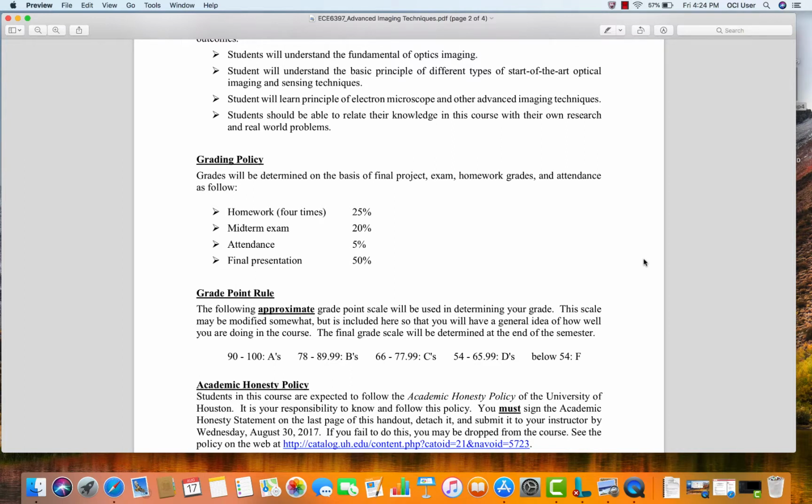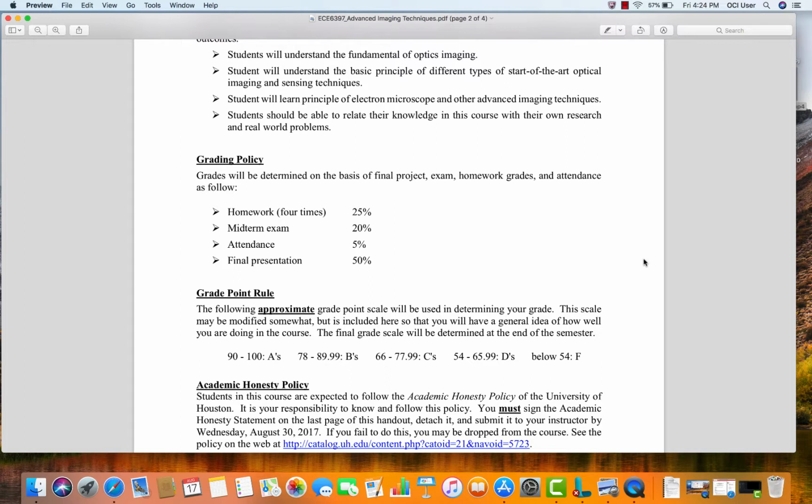The homework will count for 25%. It's four homeworks, and the midterm will count for 20%. Currently my plan is that the midterm will have questions very similar to the homeworks, and you should have one page of a cheat sheet.